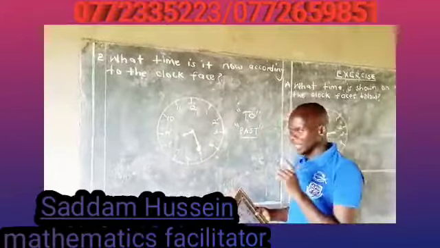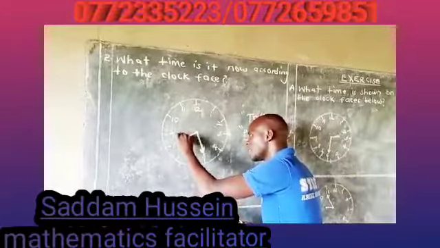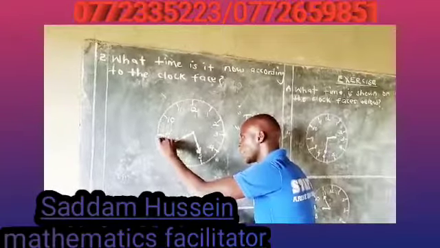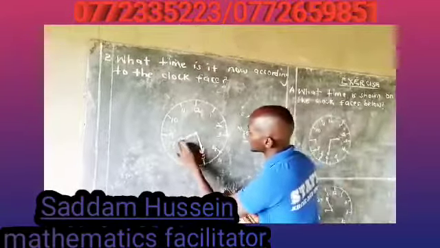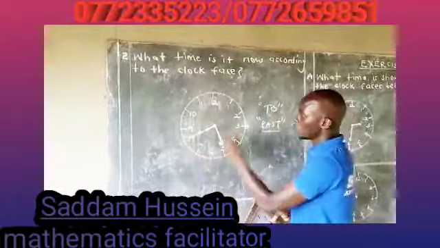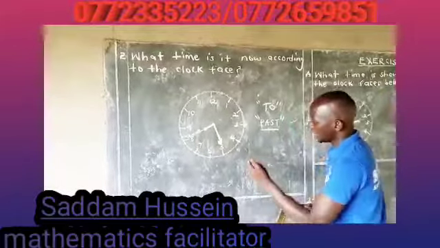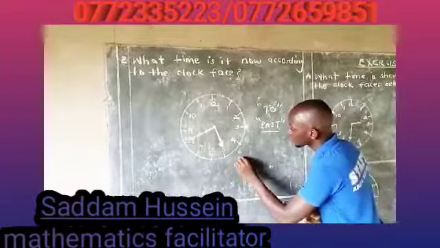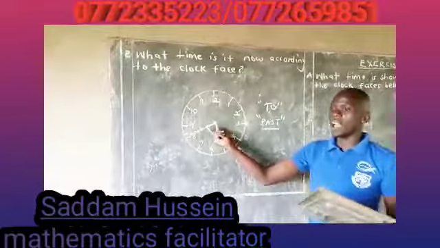I will not say exactly 8, but when you get your ruler and extend some dot up to there, you will realize that the line moves almost halfway between 8 and 9. But since it is pointing halfway between 8 and 9, we look at the figure which is on the right hand side, or which is below the dotted line you have put there. Which figure is there? We have figure 8. So when you have 8, that one is where the hours are pointing.